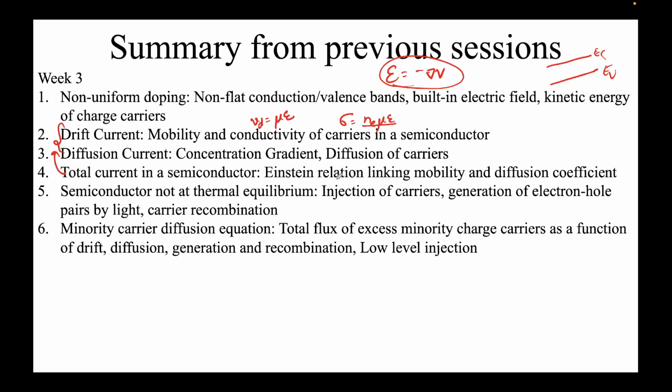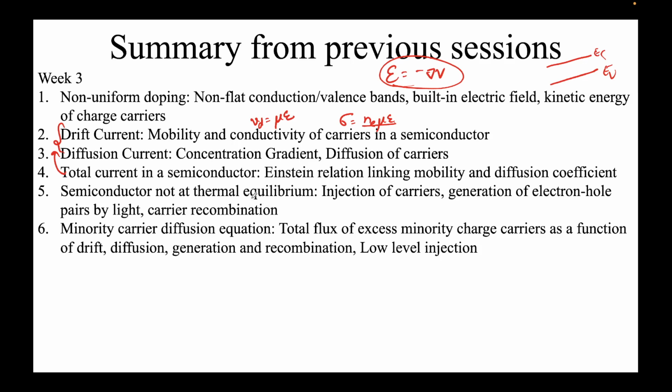Temperature is also there. However, if we deliberately disturb the equilibrium, that is, we inject some carriers, or we generate electron-hole pairs by light, which we can do, for instance, in a solar cell as we saw in the last class, and they can recombine also, which we'll see today in the case of LEDs.